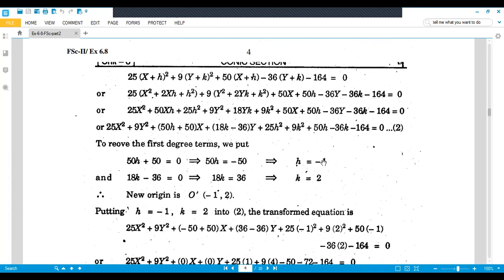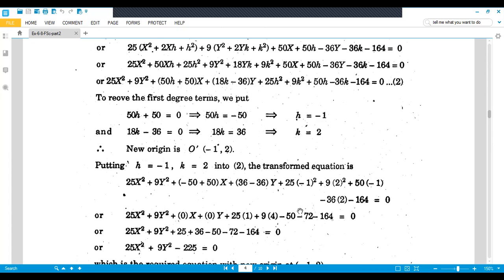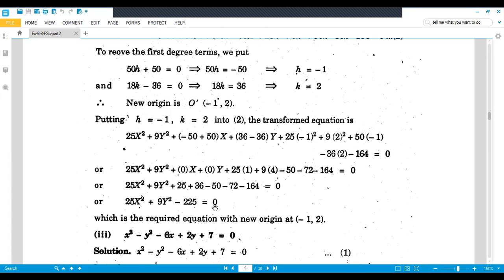So the value of h is minus 1, and 18k minus 36, k is 2. So the new origin is minus 1 and 2. So you replace this in equation number 2. In place of h you put minus 1 and in place of k you put 2. So when you put these values and simplify, you get this equation. So this is the required transformed equation at point minus 1 and 2.